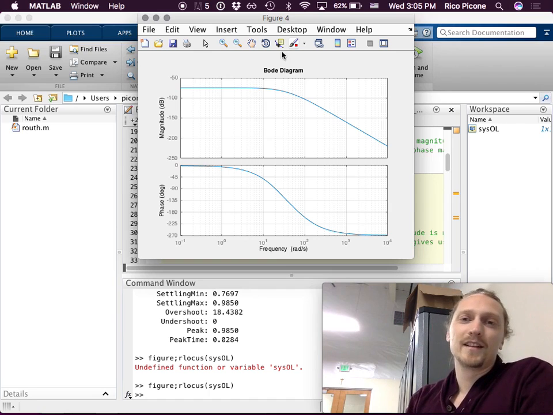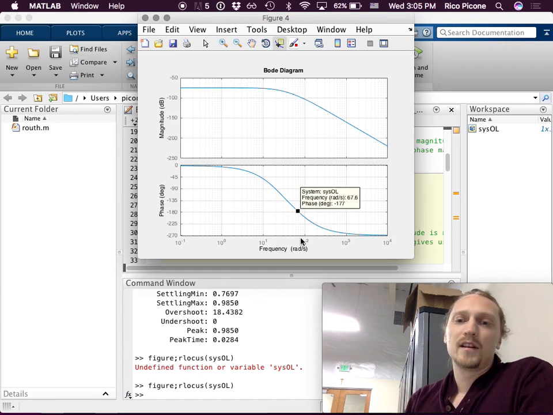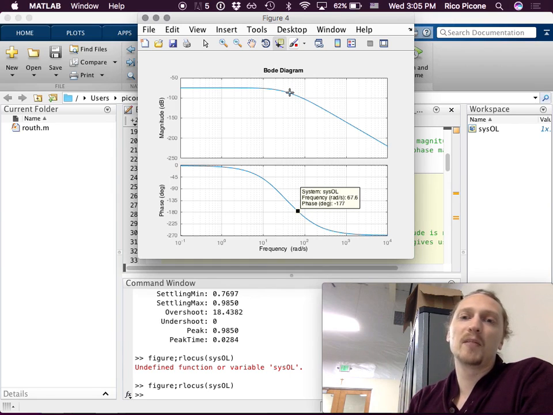So let's see if our little reading of graphs is very good. Somewhere around, we'll say there. So we'll say 68 radians per second is somewhere around that crossover point.